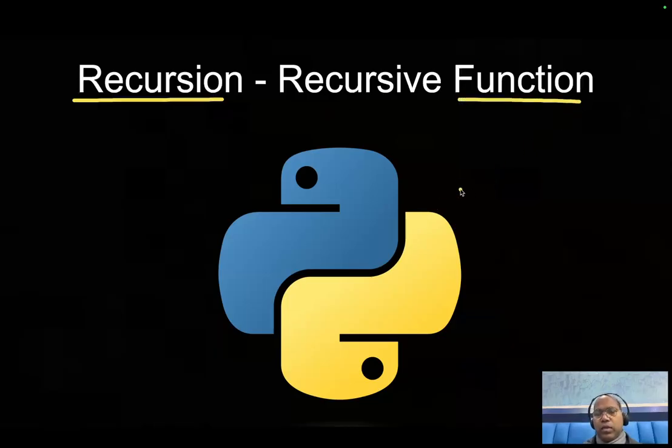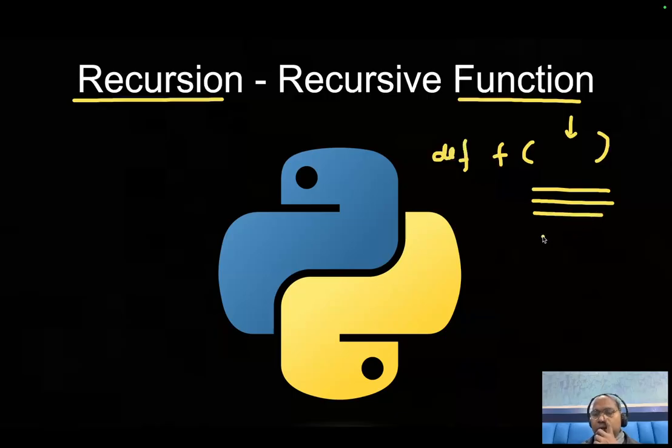Till yesterday we were defining a function. A function can take some input, and after that it executes a block of code, and the function can return a value if needed.